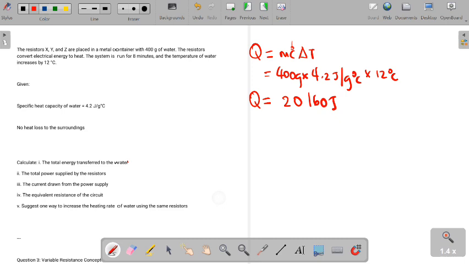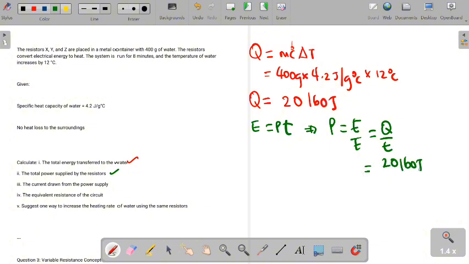And they want you to find as well the total power supplied by the resistors. Now, energy is equal to power times time, so power is equal to energy over time, or Q over time. We know the Q, it is 2160 joules, divided by time, which is 8 minutes, but in seconds that will be times 60.